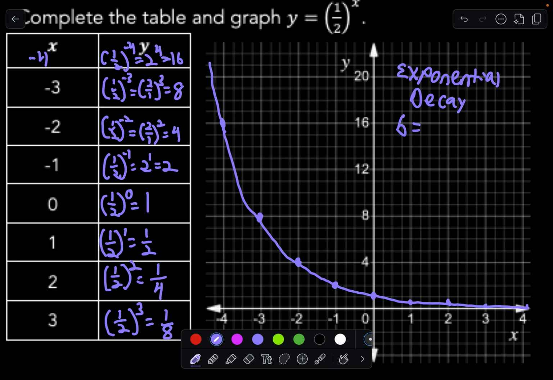It was 1/2, which is r, and r is less than 1. So as we go out to the right, the graph approaches y equals 0. It looks very much like the exponential growth graph, except for what we call a reflection across the y-axis.